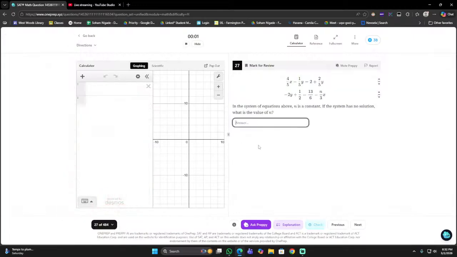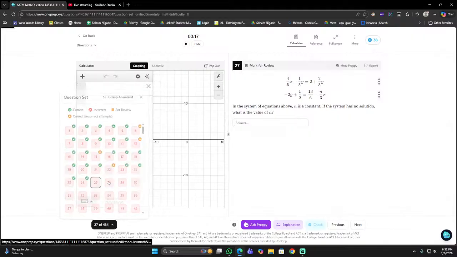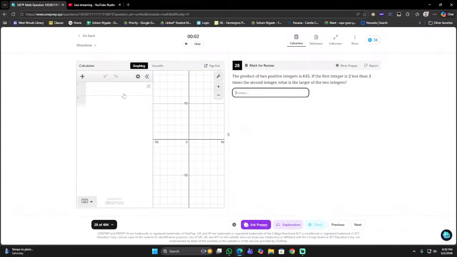Next question on the stream. 28. Wow. This is some crazy math over here. You can solve this by setting this equal to y or something, but I'm not gonna do this question for the sake of simplicity because I know how to do it, so we're gonna do the next question. Product of two integers is 645. Xy equals to 645.